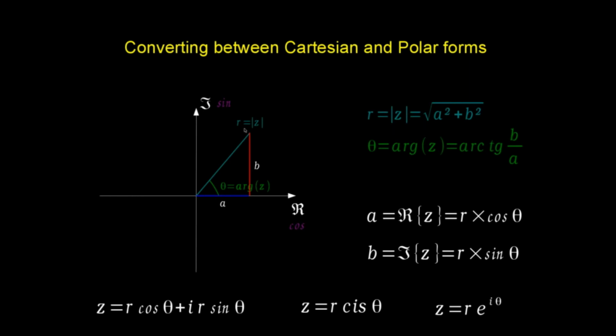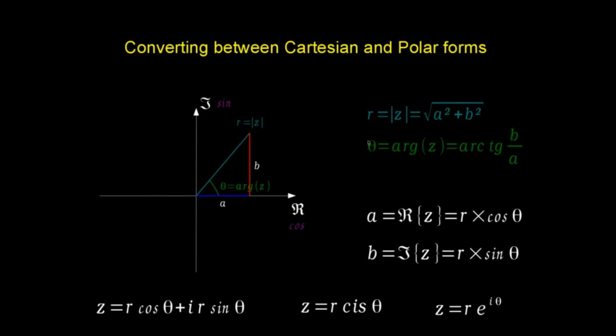If you also remember some aspects of trigonometry, in a right triangle the tangent of angle theta will be the opposite side b divided by the adjacent side a.